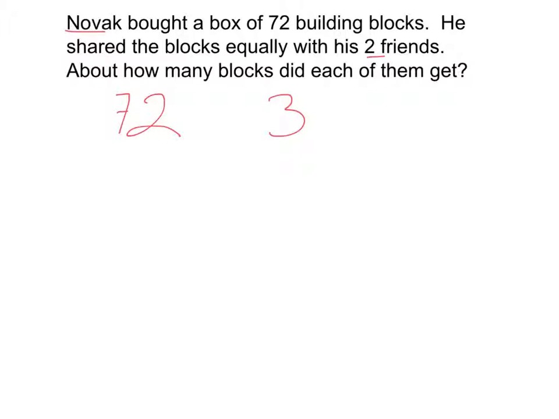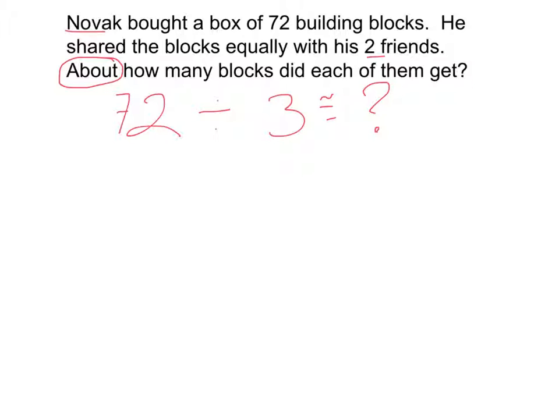So we're dividing a total of 72 blocks between 3 people, and we want to know how many each person got. We can also read this word, and we know that we want to find an estimate. About means finding the estimate, not the exact answer.